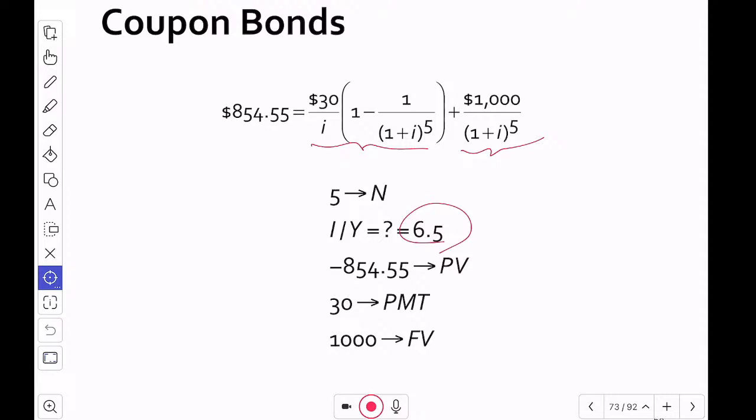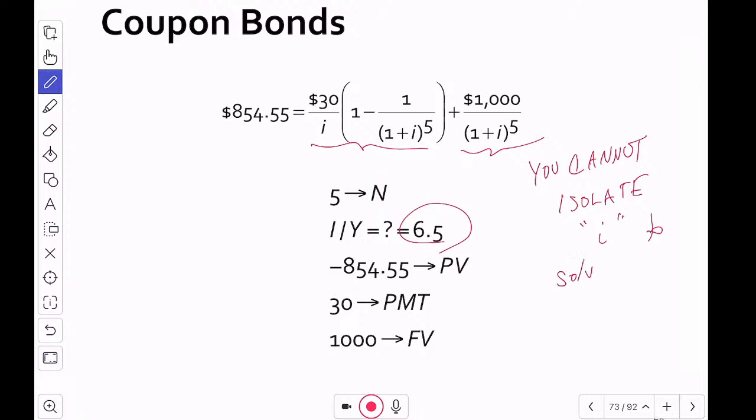Because really what it's doing, it's not isolating I on one side. You can't analytically solve this problem. In other words, there's no analytical solution.